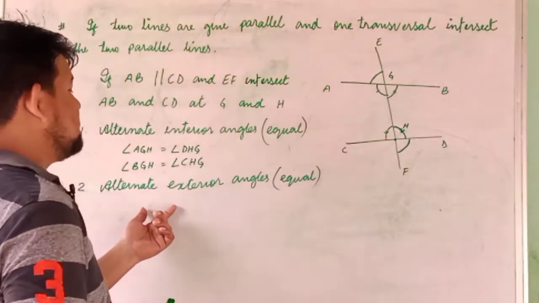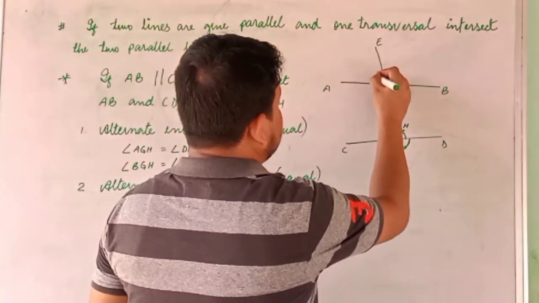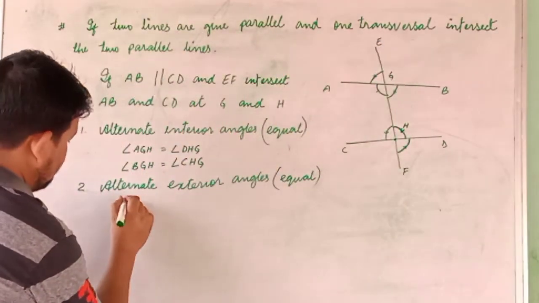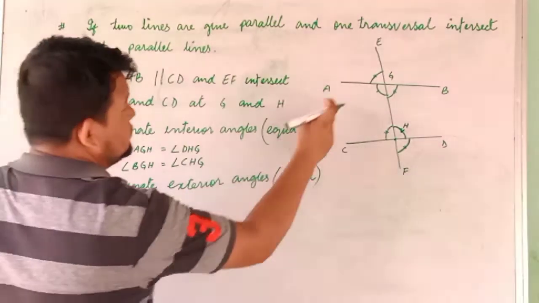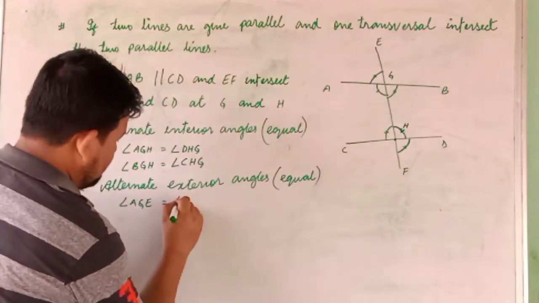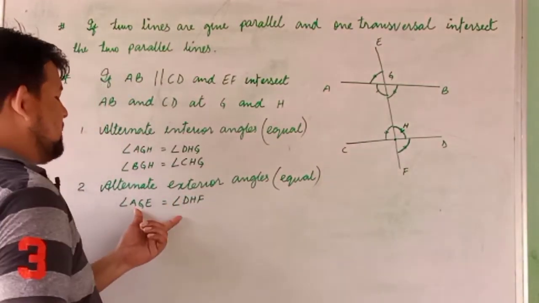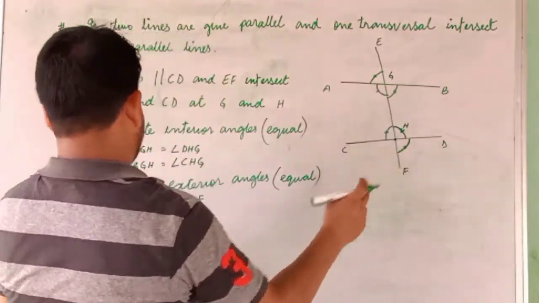Okay, alternate exterior angles are always equal, so we have to know. So this and this is an alternate exterior angle. So let us write, angle AGE is equal to angle DHF. So these two angles will be always equal because these two angles are alternate exterior angles.